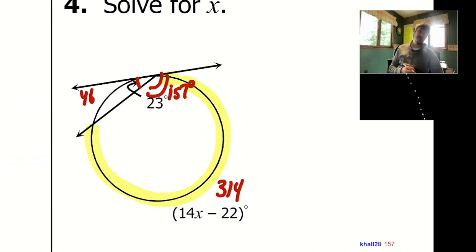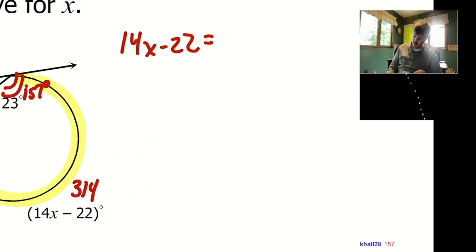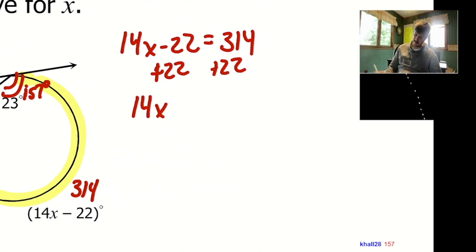Now I have the value that I can set the 14x minus 22 equal to. 14x minus 22 is equal to 314 degrees. So we can add 22 to both sides. 14x equals 336.